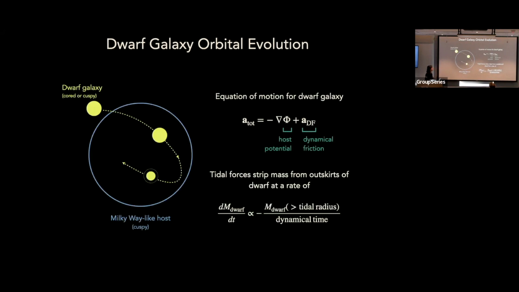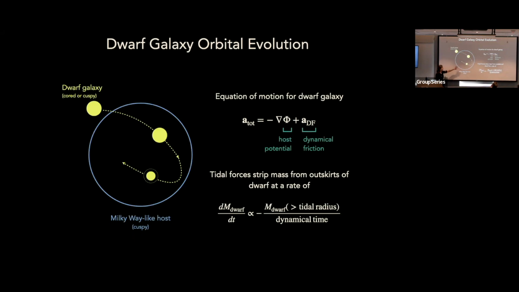And finally, the last ingredient is thinking about what happens to one of these dwarf galaxies when it's captured by some host system. Here I'm assuming some Milky Way-like host, which will have a cuspy density profile. The dwarf galaxy that's falling in can be cored or cuspy, depending on the degree of the feedback effects. The orbital path that dwarf galaxy takes is given by the equation of motion I've written up there.